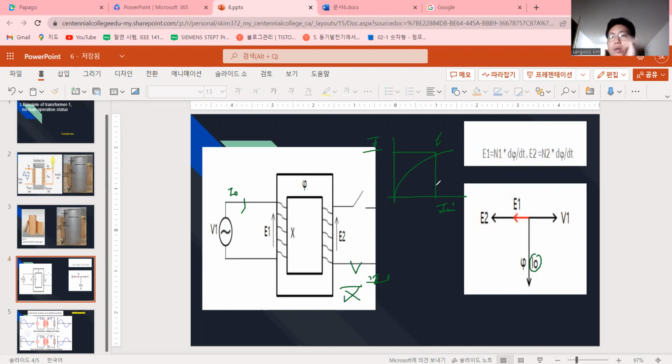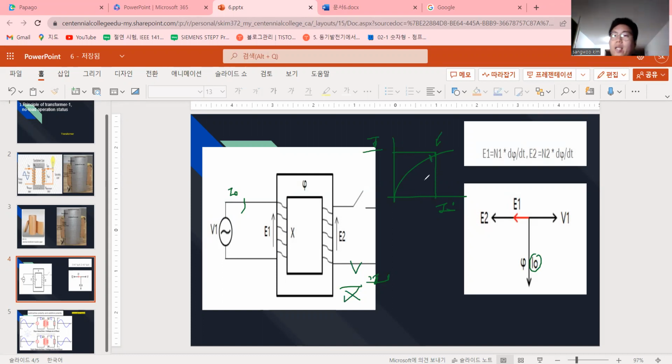I already explained this, and later we will learn more about it. Don't worry. We generally operate around here because we want more efficiency.